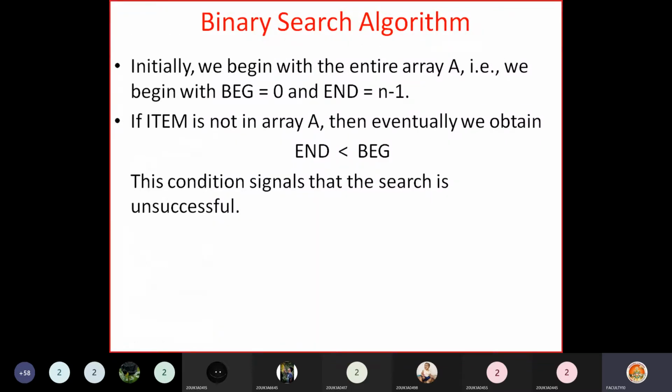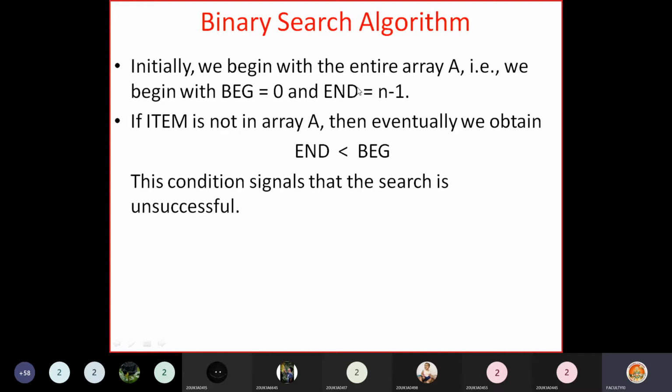Initially we begin with the entire array, from beginning to end, so the entire array is considered for searching. That means initially we start with beginning equal to 0 and end equal to n minus 1, and we go on performing binary search.